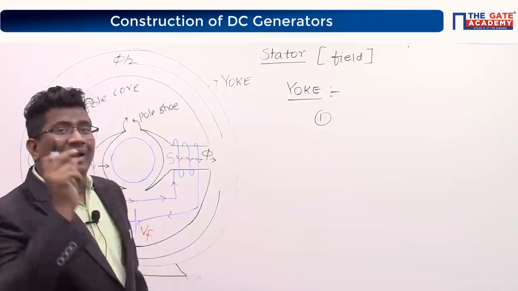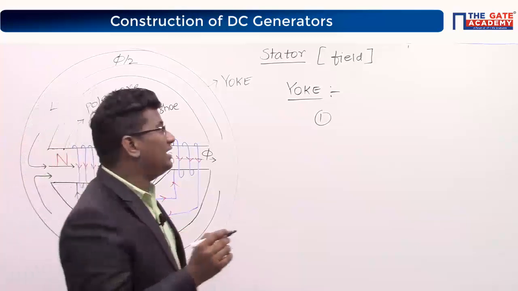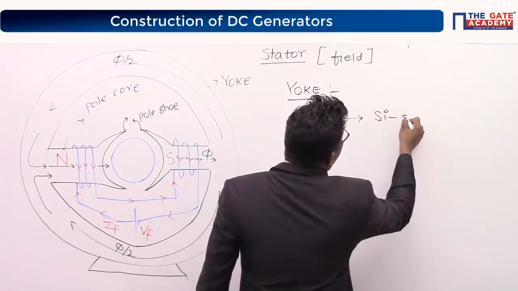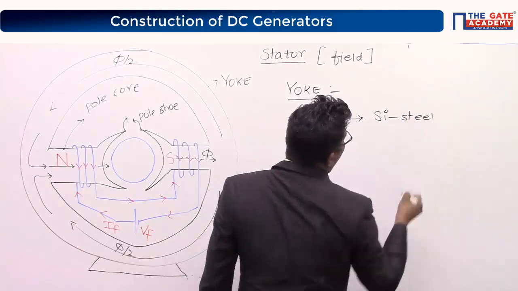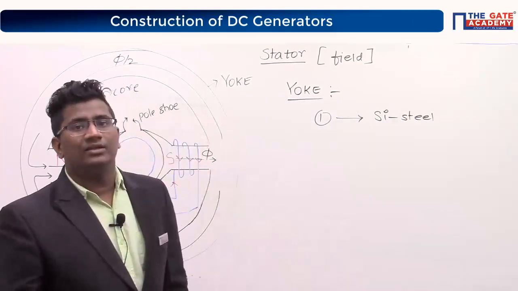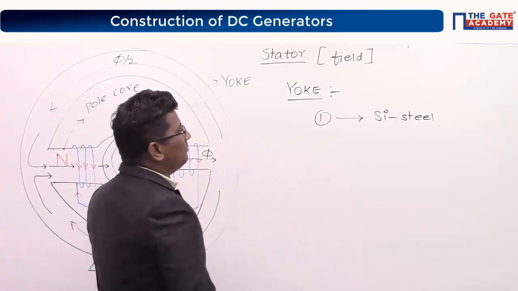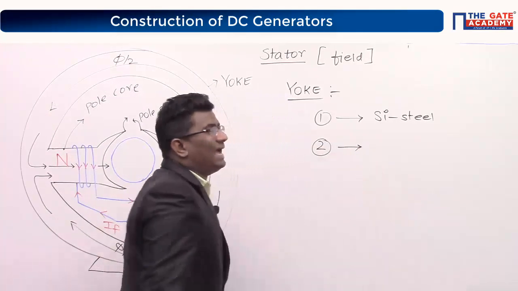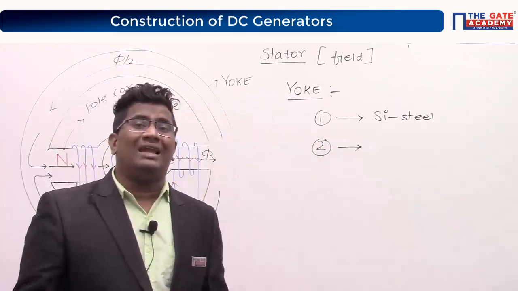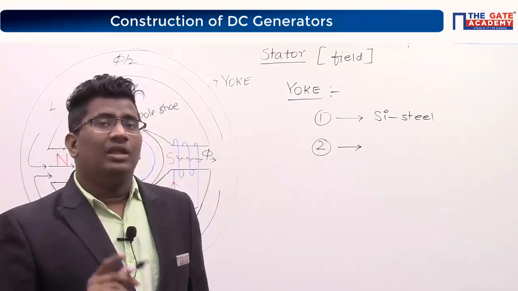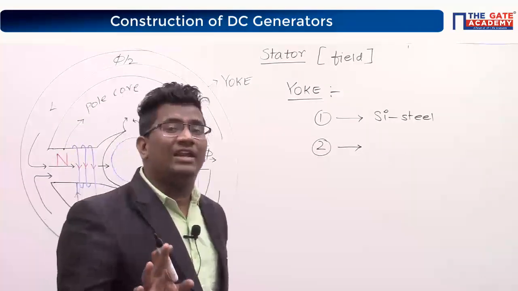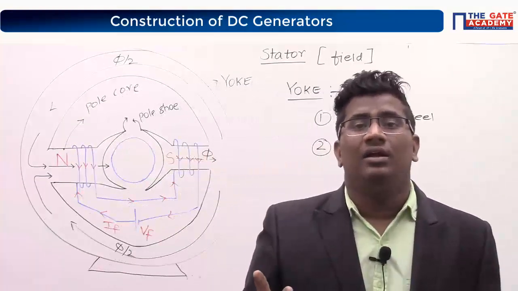That magnetic core material, we have to design using which material? Silicon steel. Next point: is your yoke carrying constant flux or time-varying flux? Only one answer.